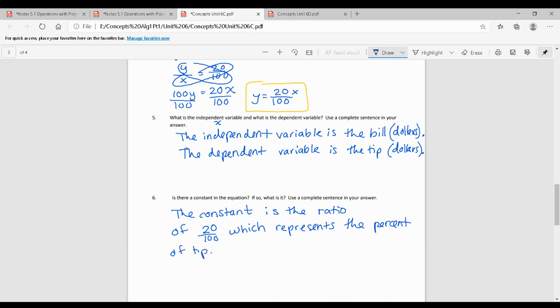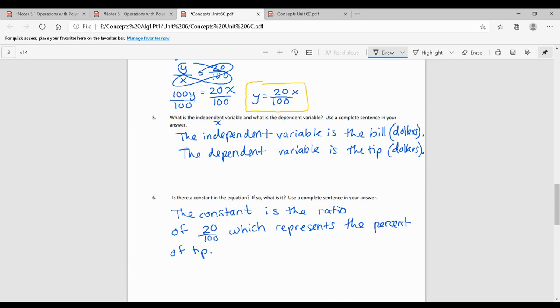It's not representing the tip itself. It's not representing the bill itself. It's representing the percent of the tip.